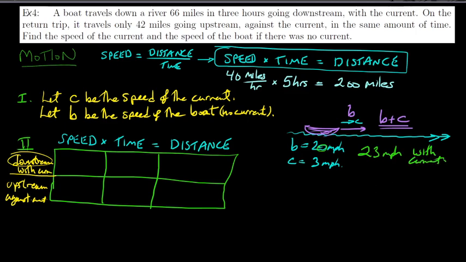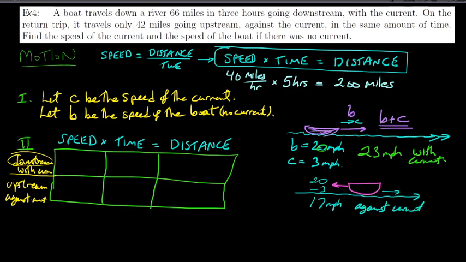On the other hand, let's say this is the current now, and the boat wants to go the other way. So now you're fighting the current. Instead of going 23 miles per hour, you're going 20 miles per hour, but then you have to take away the 3. So you're only going 17 miles per hour against the current.